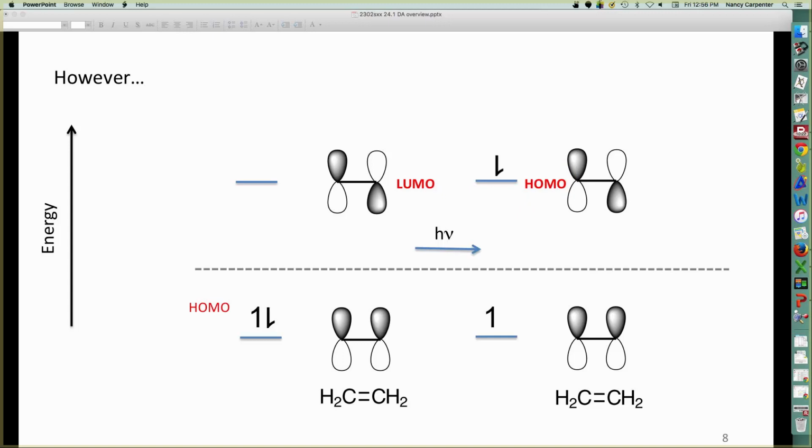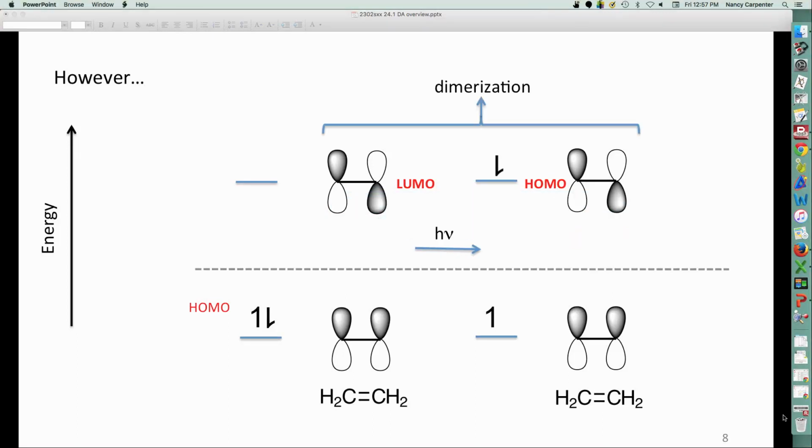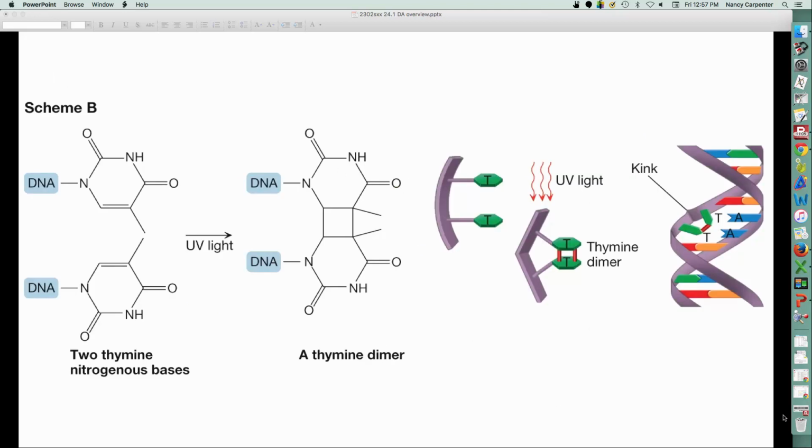And what can you see? Well, they're clearly going to be able to line up. So when that happens, you can get a reaction to take place, and the two alkenes dimerize, and you make a cyclobutane. And that is, in fact, exactly what happens in biochemistry.